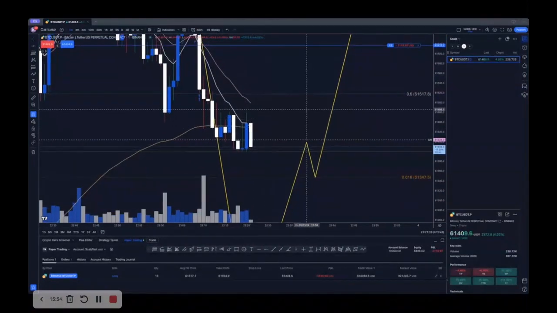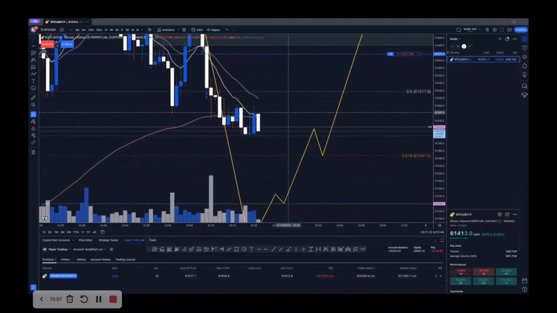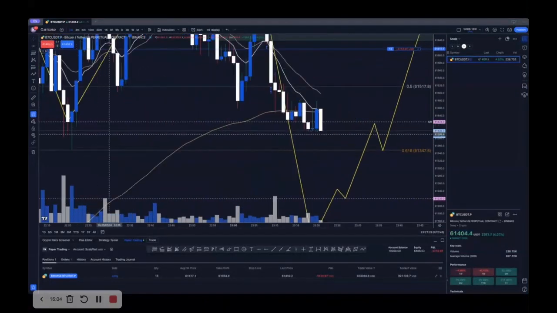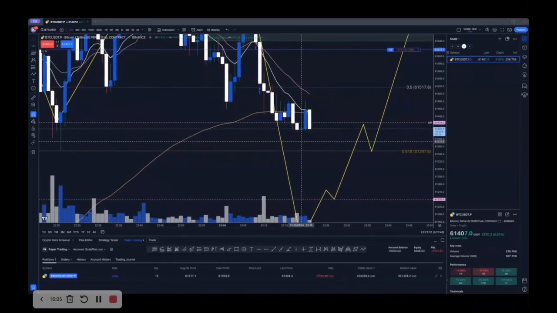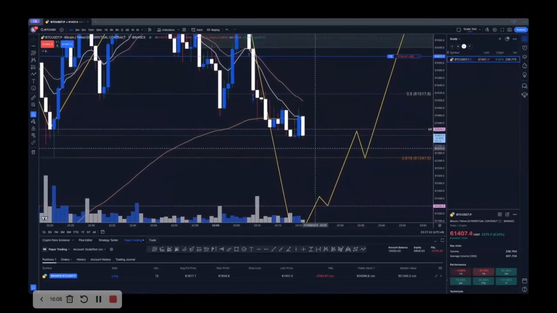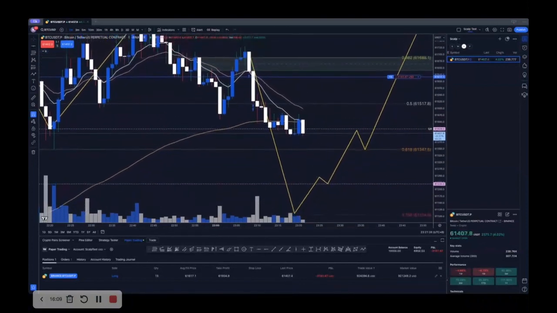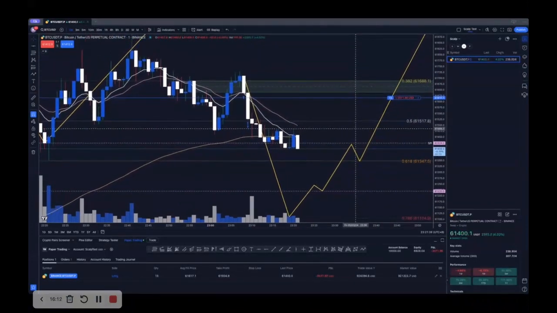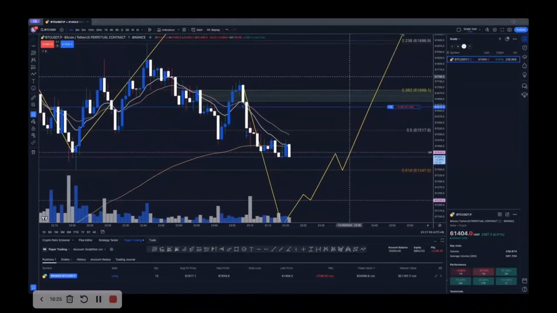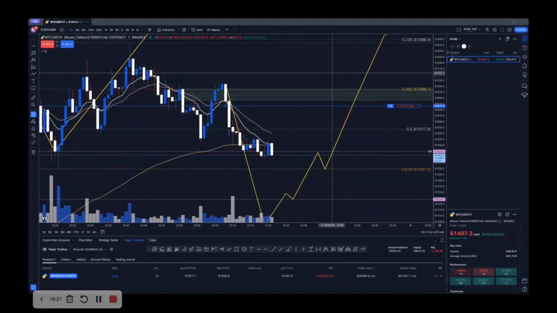But we're still kind of keeping along this line, right? This line right here. So are we going to go to 618? One of the things you can look at if you start using paper trade as well is you can look at the current position.